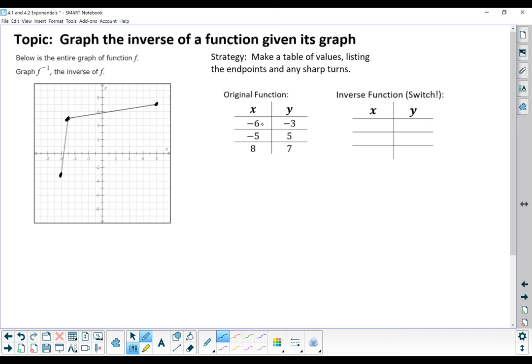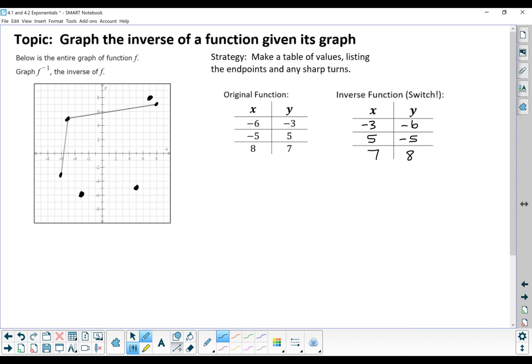So if the original function goes through (-6, -3), the inverse will go through (-3, -6). If the original goes through (-5, 5), the inverse will go through (5, -5). I'm just switching the x and y values. And if the original goes through (8, 7), the inverse will go through the point (7, 8).